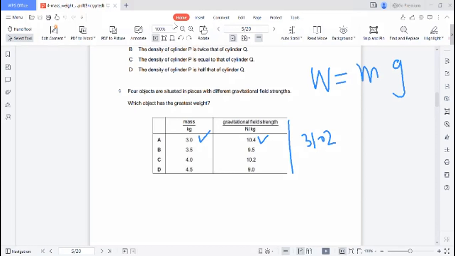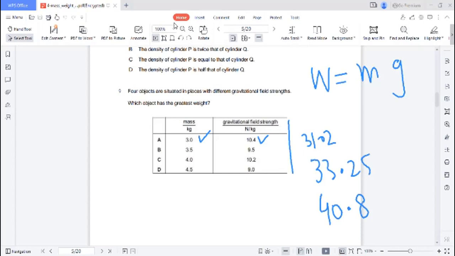So if you multiply 3.5 into 9.5, let me use calculator. 3.5 times 9.5 is 33.25. For third case, it is 4 times 10.2, it would be 40.8.